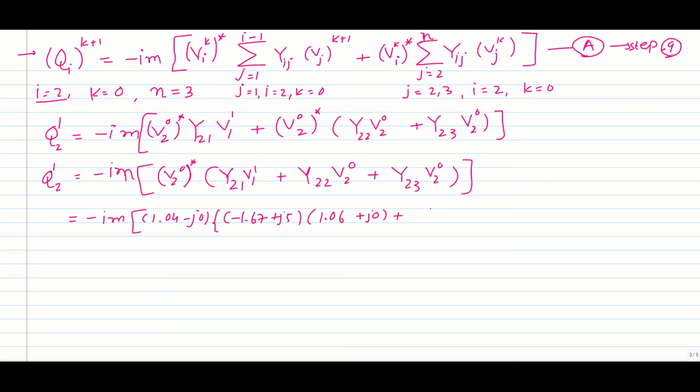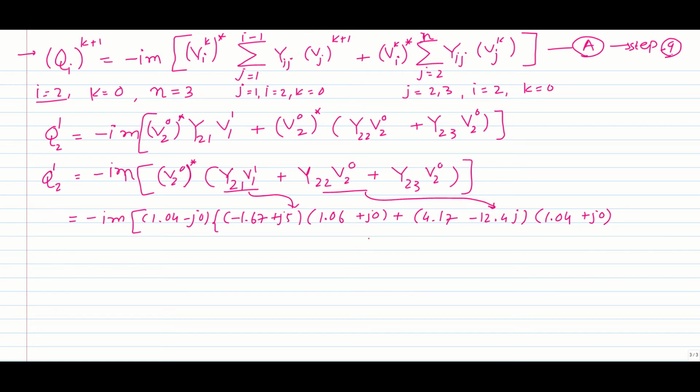Yes, again the value of y22 is 4.17 minus 12.4j, into the bracket V20, which is 1.04 plus j0.